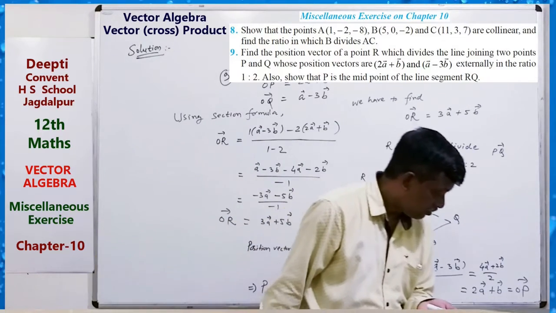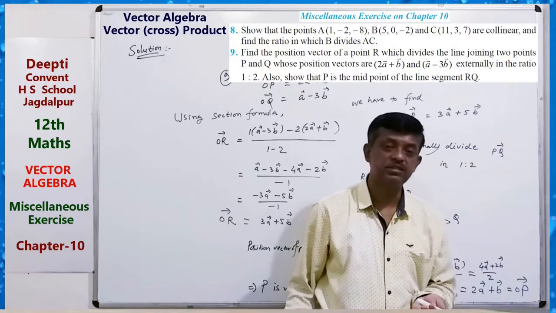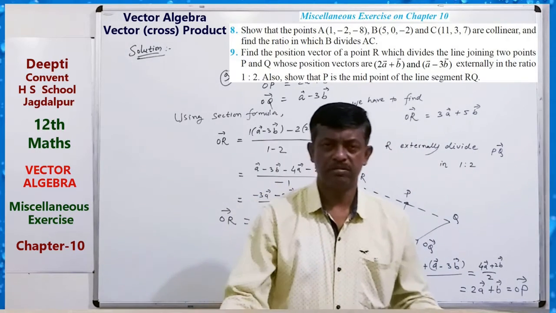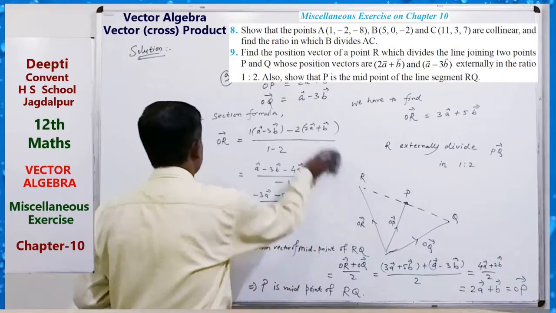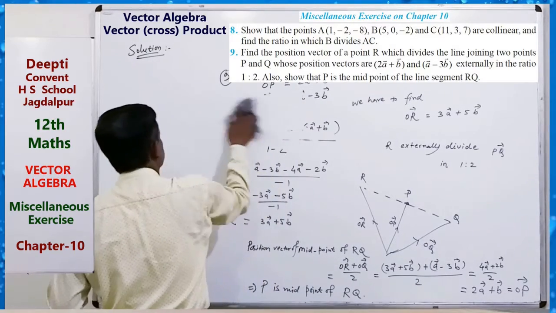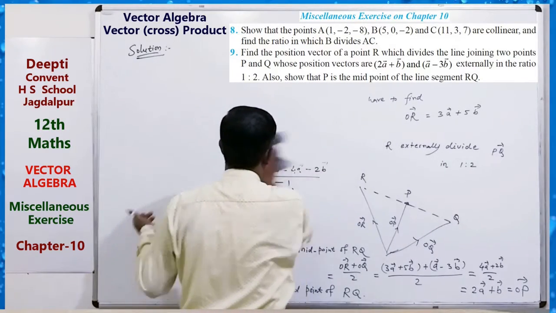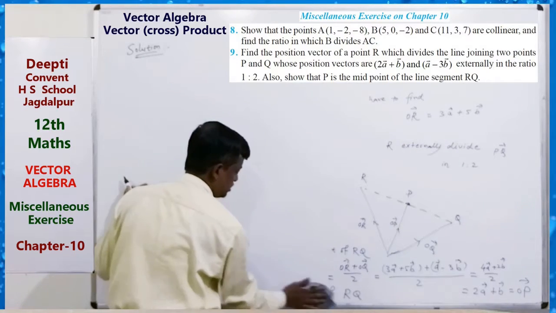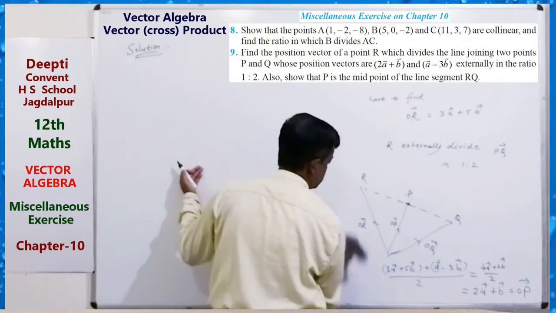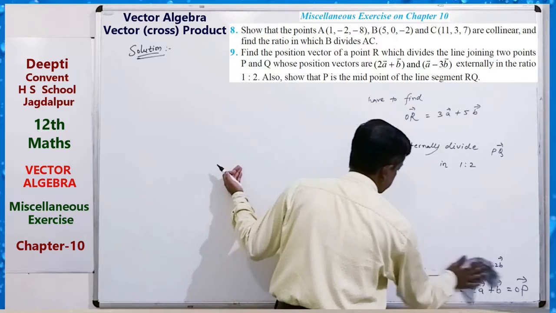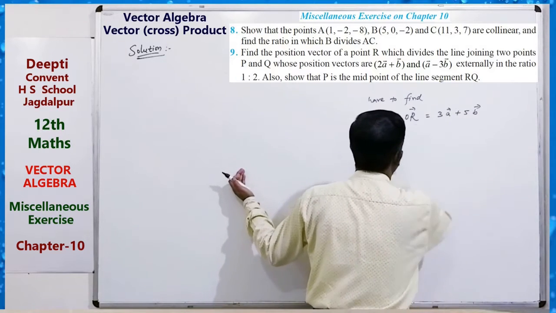Also, the unit vector perpendicular to the adjacent sides of the parallelogram is just A cross B upon modulus of A cross B, because A and B are the adjacent sides.